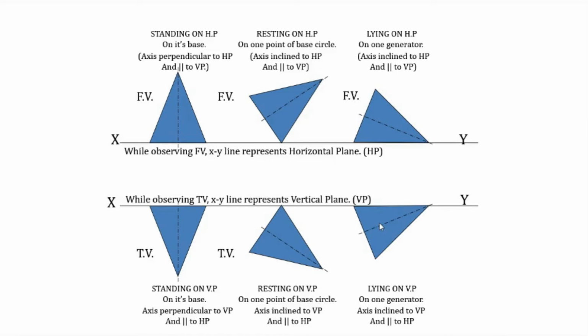In the first case, what we observed is that keeping the inclination with the VP constant, if we rotate the object with respect to HP, the shape of the front view remains the same. In this case, keeping the inclination with the HP constant, if we rotate with respect to VP, the shape of the top view remains the same.